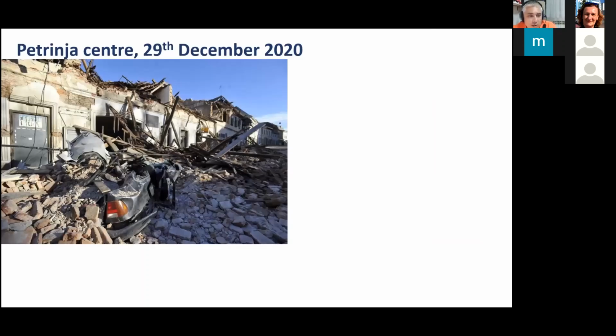And if we look at how the center of Petrinja town looked soon after the main shock, you can see a lot of buildings fully damaged. The roof construction completely collapsed, damaging or ruining some vehicles parked on the streets.